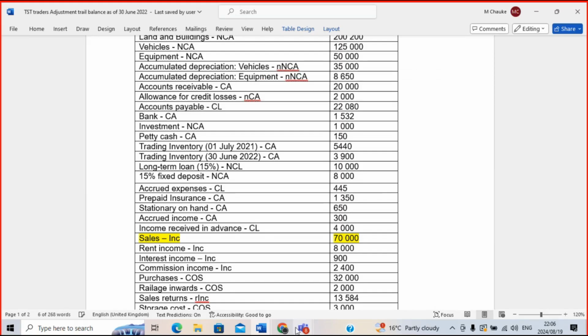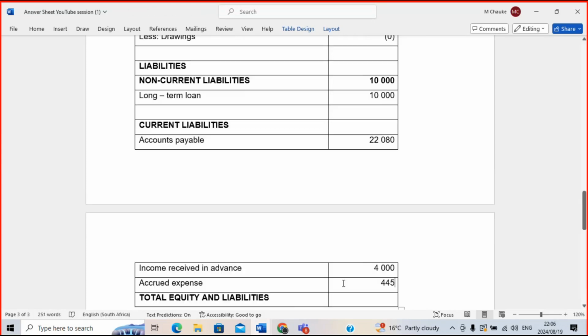So now add them there, and then you tell me how much is the answer. We add 22,080 plus 4,000 plus accrued expense.